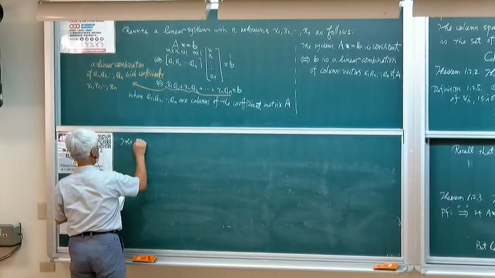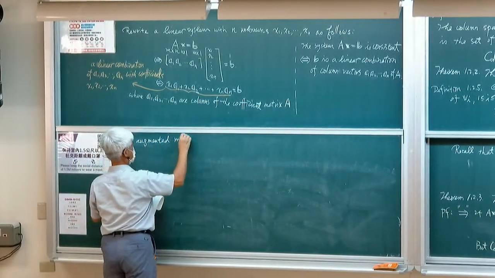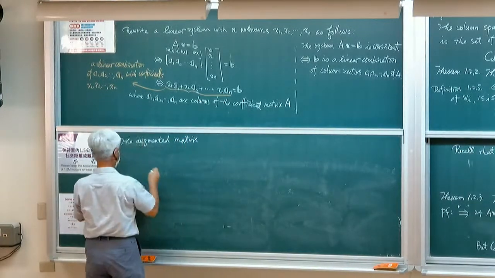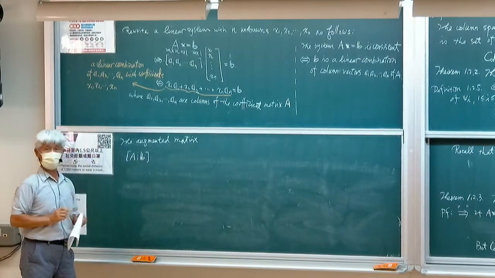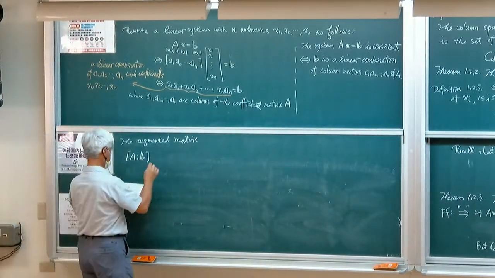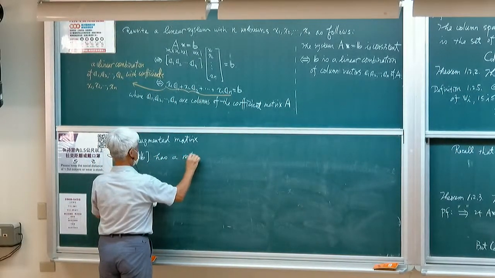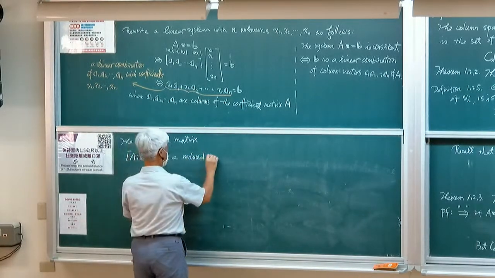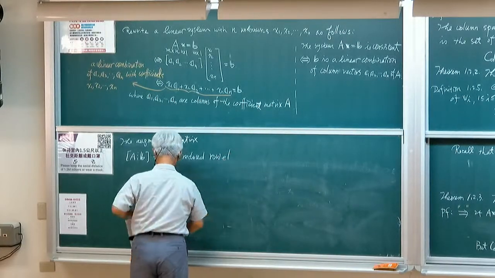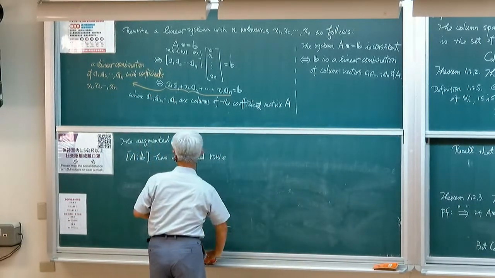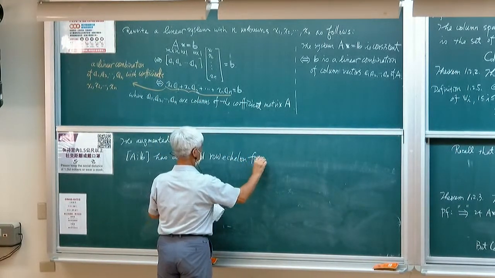So the augmented matrix corresponding to the original linear system has a reduced row echelon form. Okay.